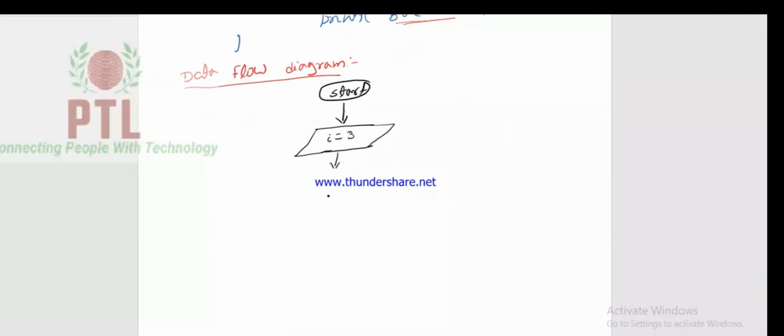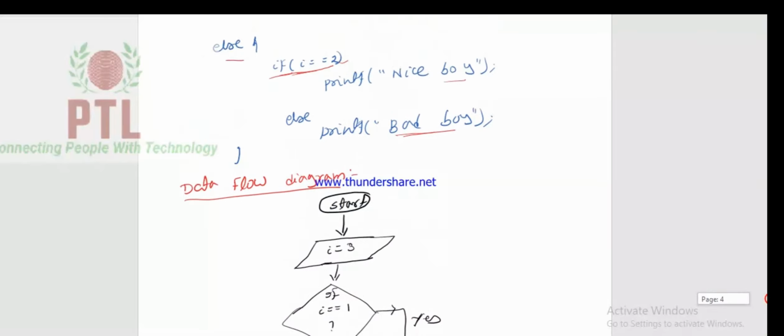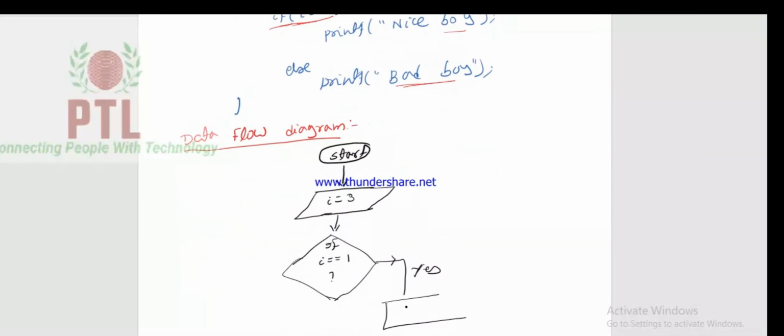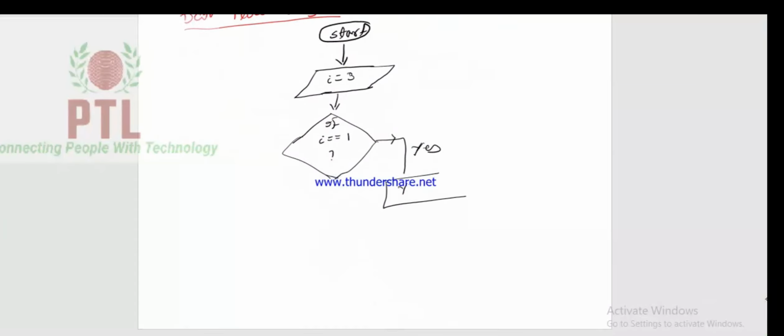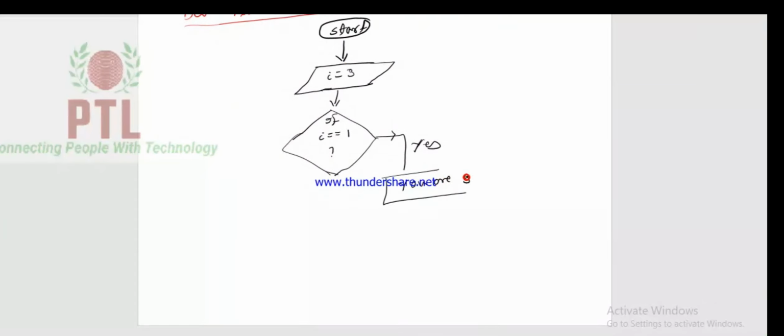Then I'll check the condition: if i equals to 1, and if yes, directly it will print the message. What was the message? You are good.